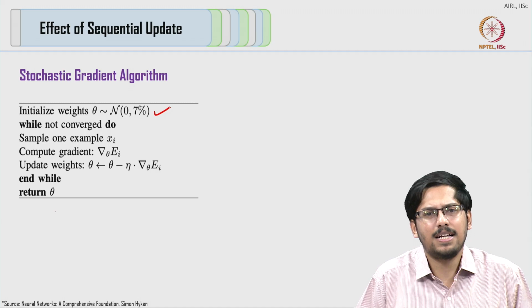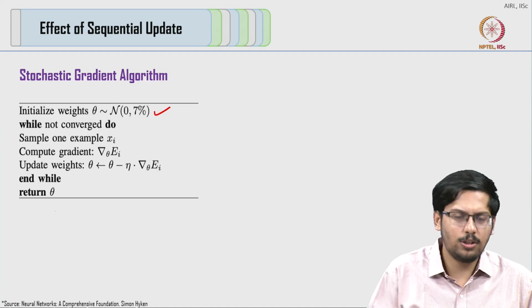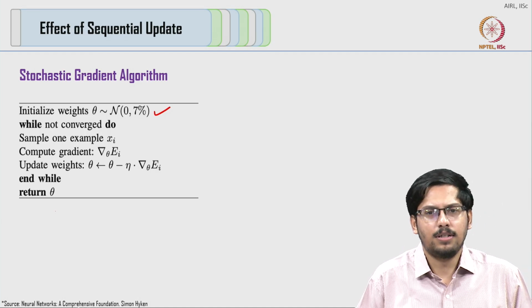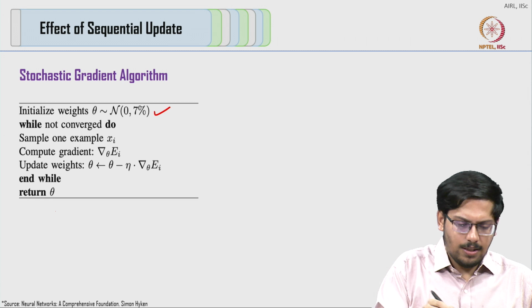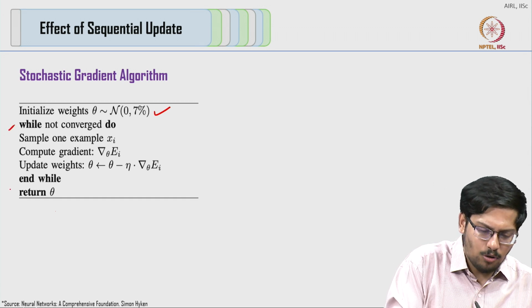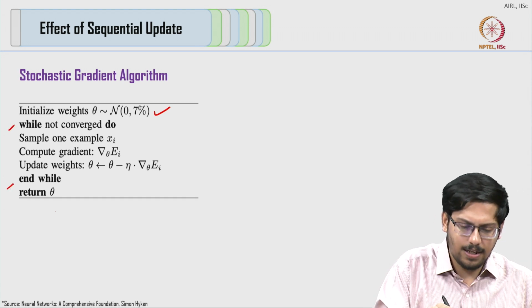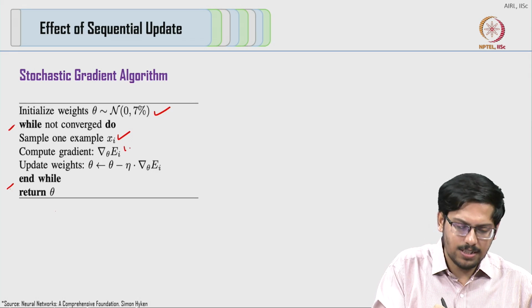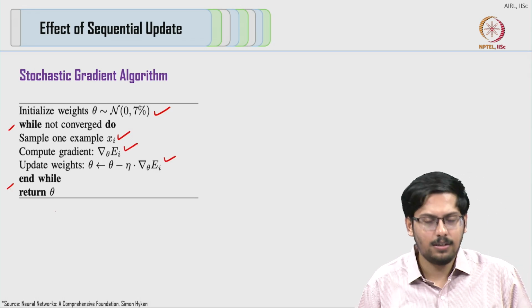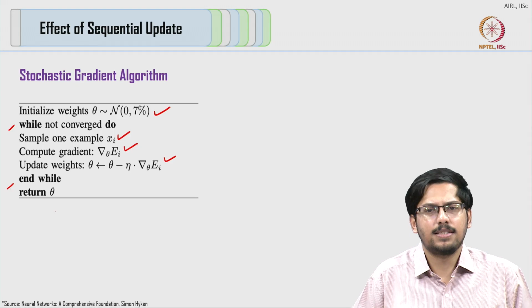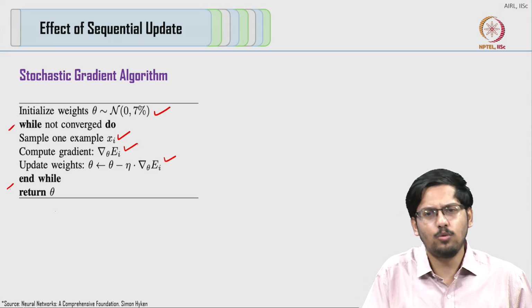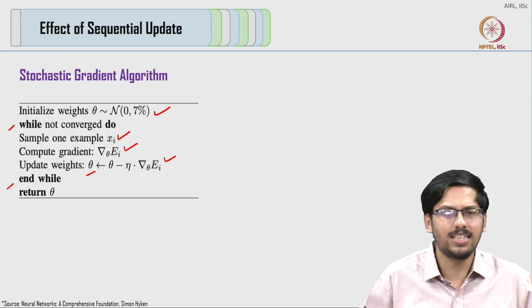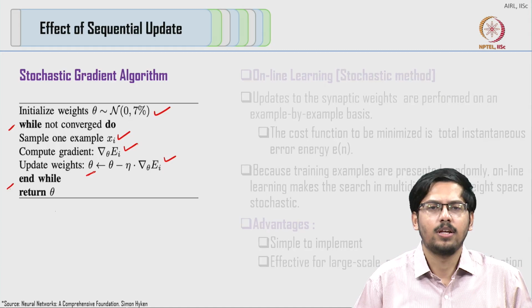So let's keep it normal, mu 0, standard deviation 7%. Now while the algorithm has not converged, let's take one particular sample from the data set, compute its gradient, and then update the learnable parameters. Since we are doing it for W1, W2, we are focusing mostly on theta, which is the learnable parameter, right?